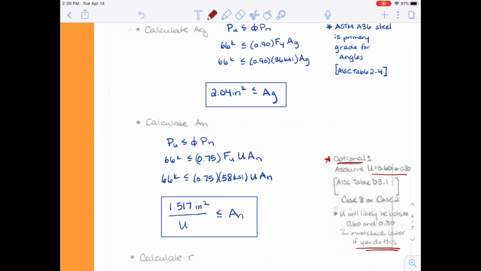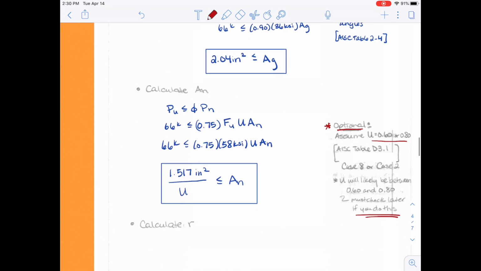Now, because we have a decently long connection, about 6 inches, we're probably going to end up being a little bit higher than 0.6. We're probably going to be somewhere between 0.6 and 0.8. So you could just assume a value of U right now if you wanted to take a look in terms of the net section area.